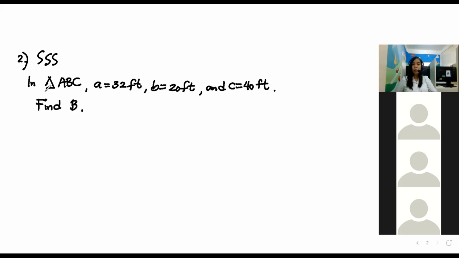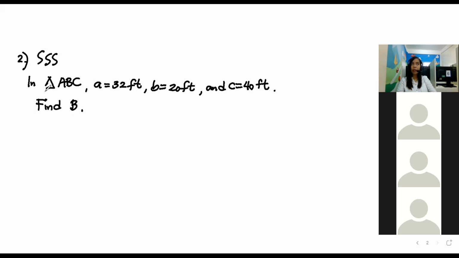And number 2, the given are sides. So therefore, we're going to apply the cosine. Okay, a triangle ABC. A is 32 feet, B is 20 feet, and C is 40 feet. Find angle B. Kung given class ay sides, of course, you just need to manipulate the formula.